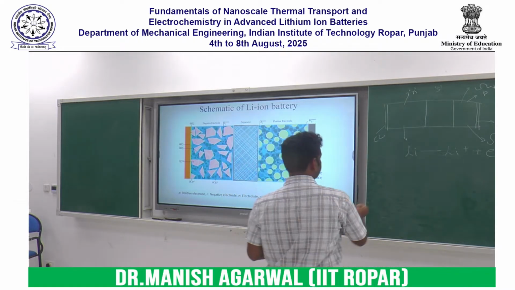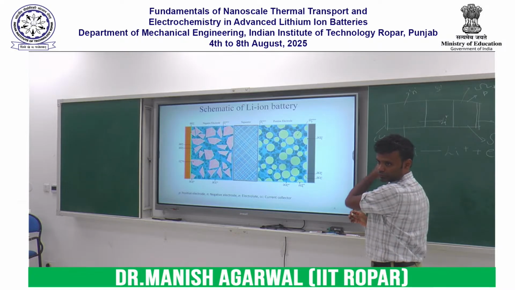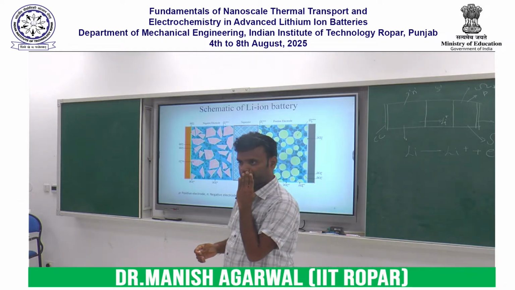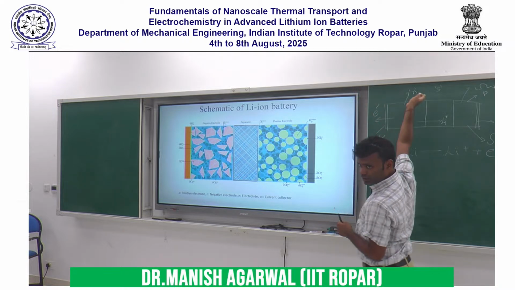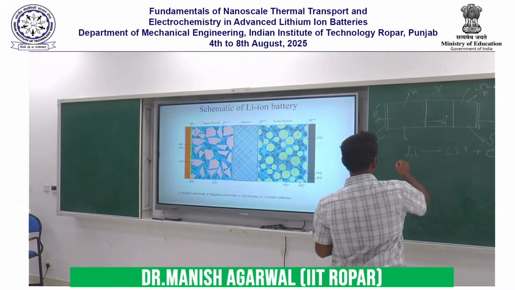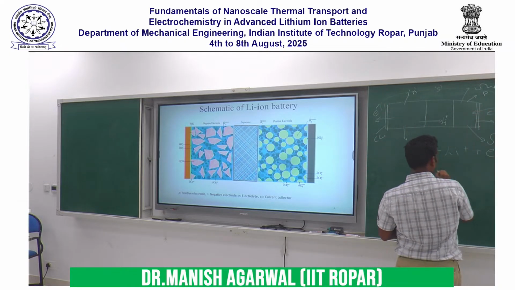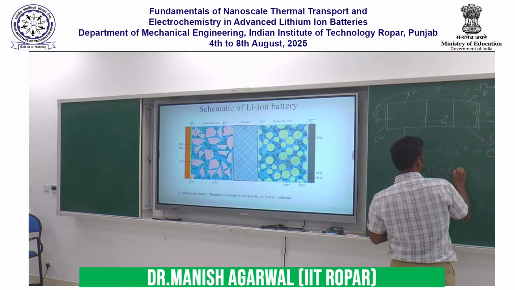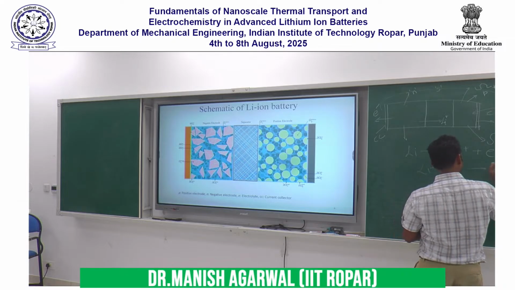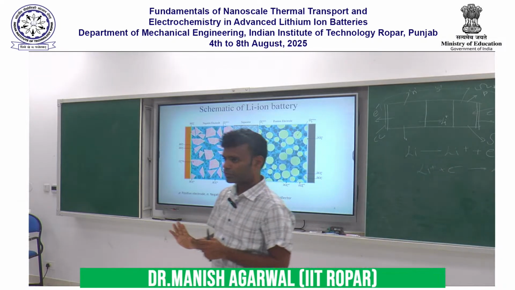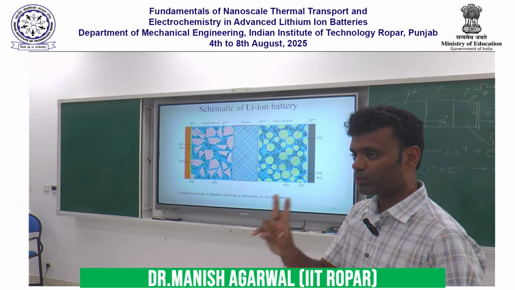The positive ions are moving toward the positive electrode, and the electrons go away in the external circuit, take the whole path, come back here, and then Li plus and electron again make lithium.